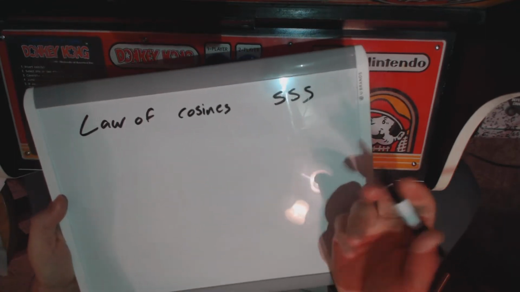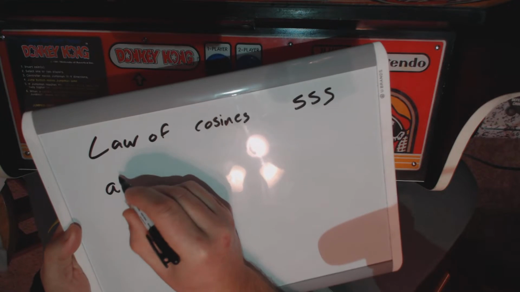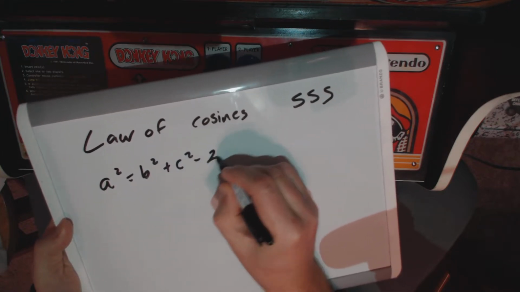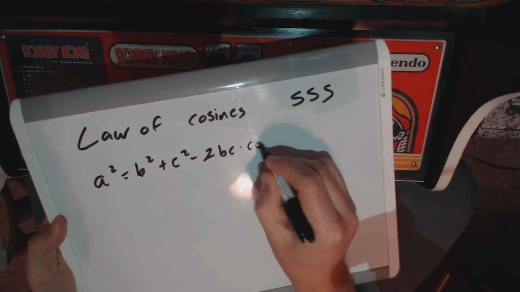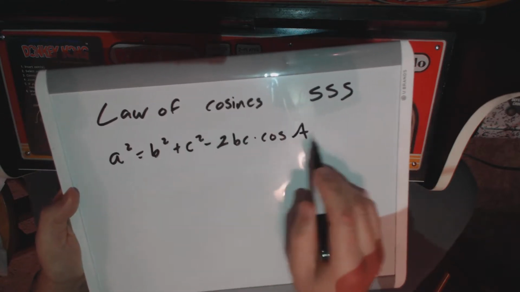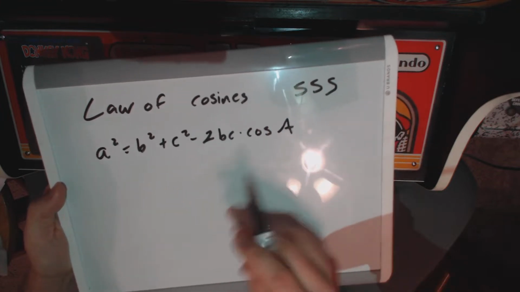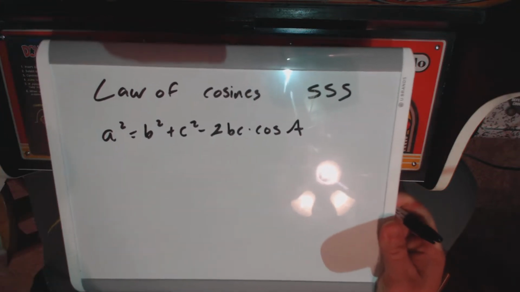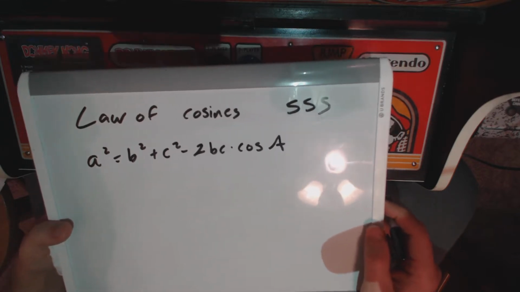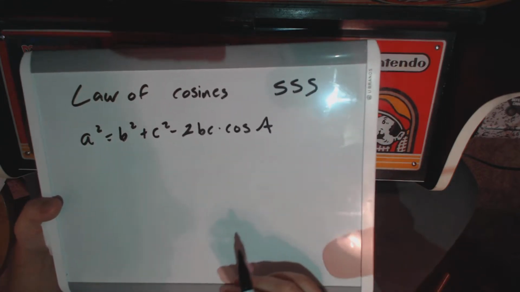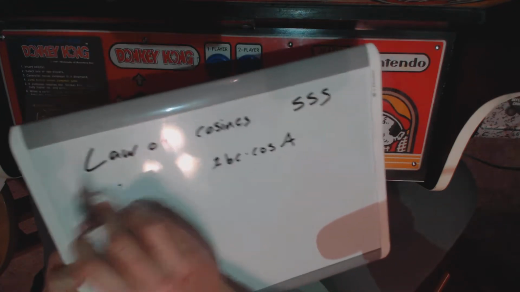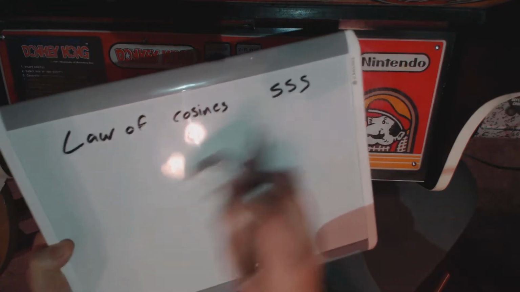As we recall, the law of cosines goes a squared equals b squared plus c squared minus 2bc times the cosine of A. Or you could do that same thing with a B here and a B here and AC, and so on and so forth. But we're going to complete a triangle today. Keep it simple, ABC, right? That's going to be the main goal: complete a triangle with a side scenario.